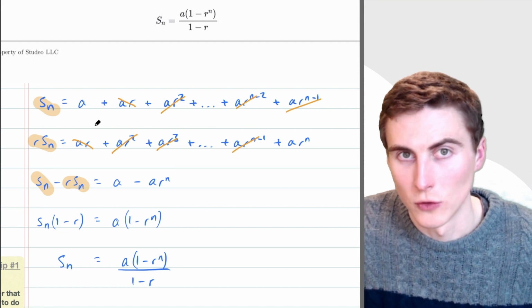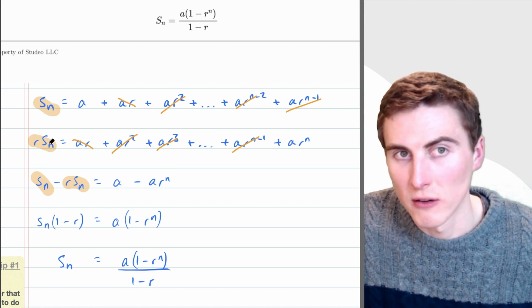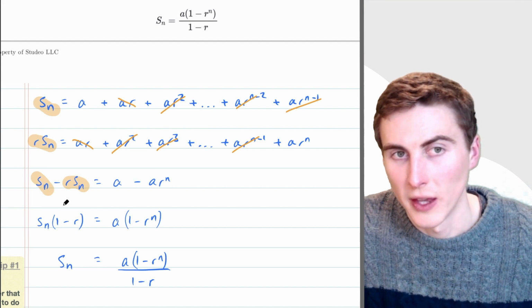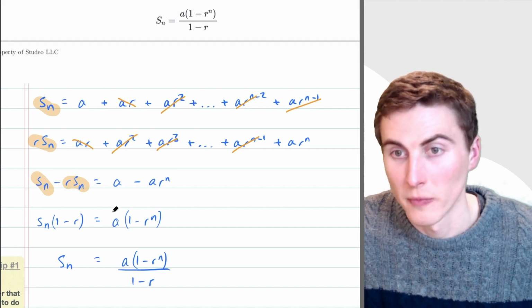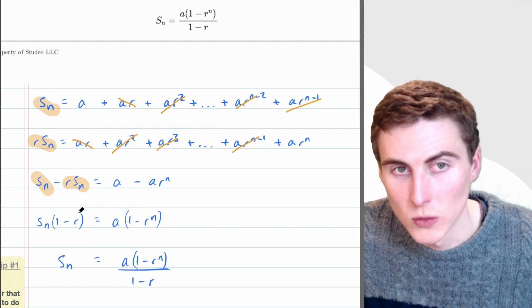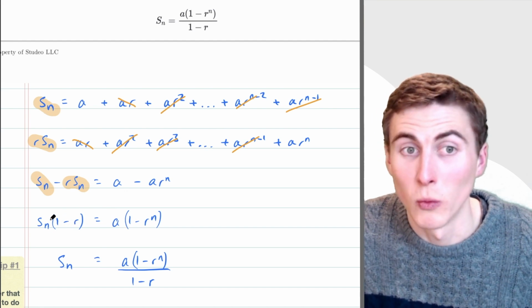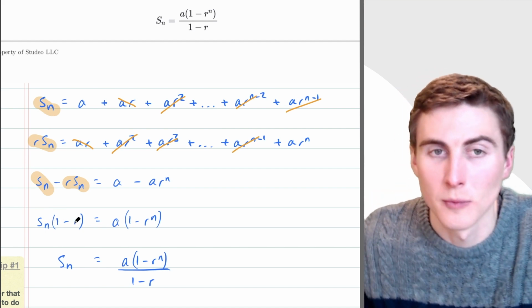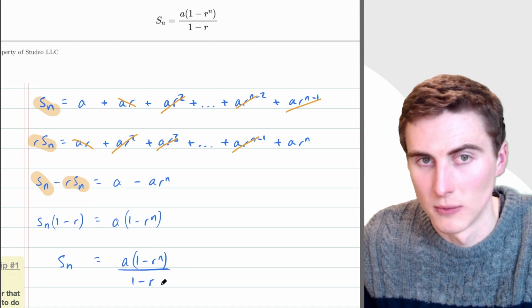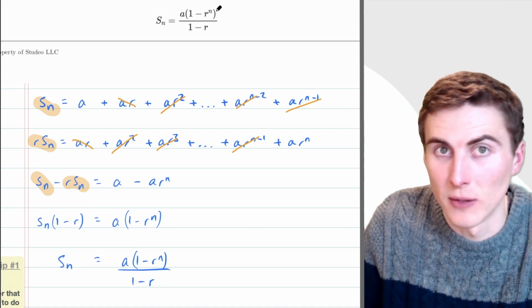So far we found Sn, found rSn, taken away rSn from Sn, and now we factorize them both. And the very last step is we divide both sides by this 1 minus r, because remember, we want Sn by itself, that's what we're trying to do. So when you divide both sides by 1 minus r, it gives you this. And that's literally it. That's the formula.